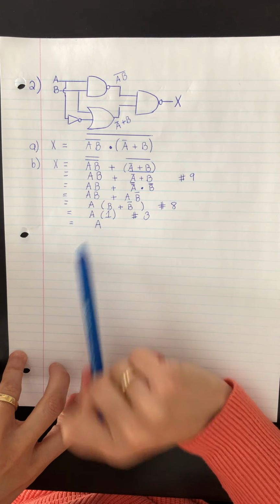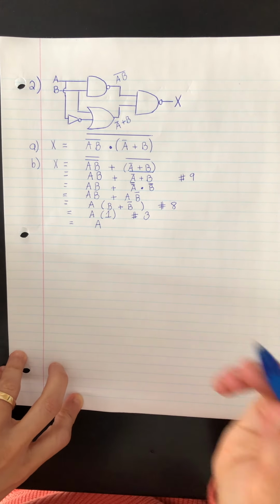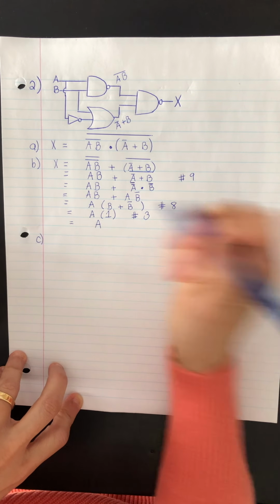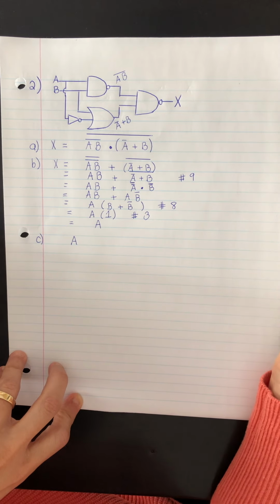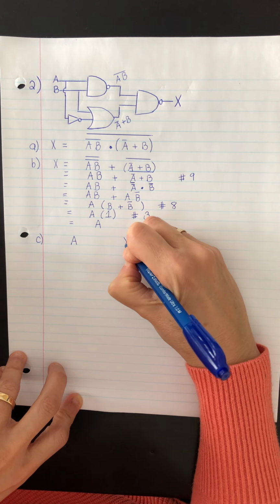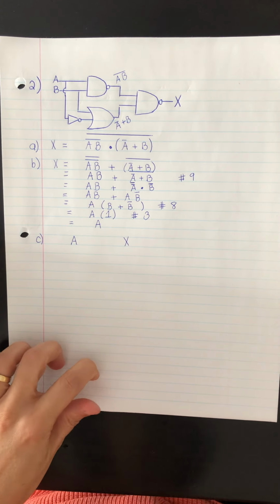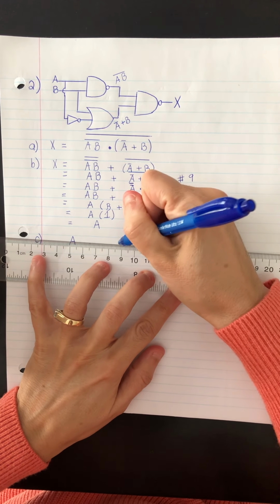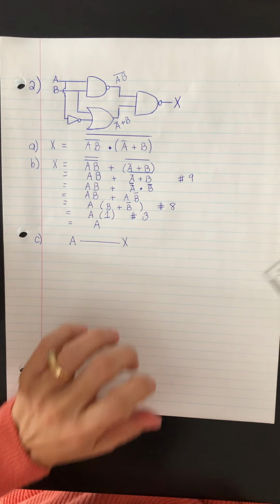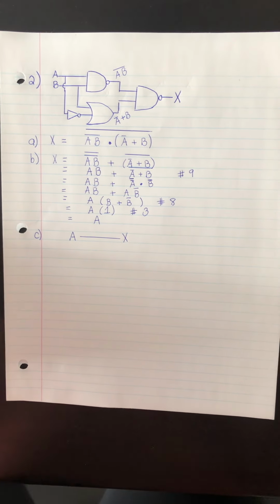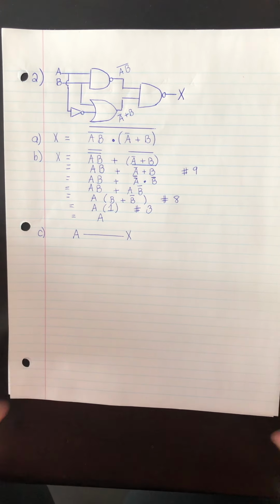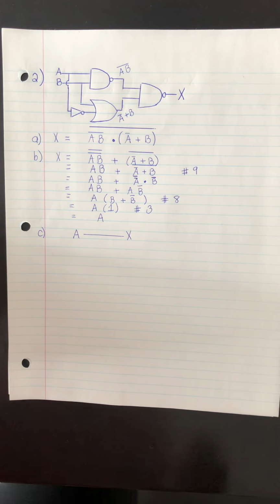The output is the same as the original A. So in part C, when we're asked to draw this, essentially you have A as the input, X as the output, no gates, nothing. I guess the circuit could look like that. So it's a pretty useless circuit, but mathematically it was a good example.